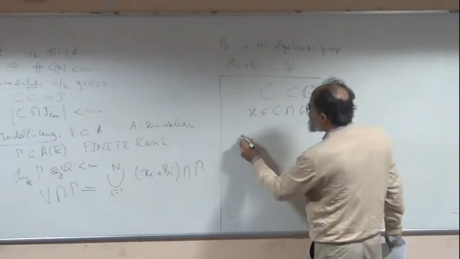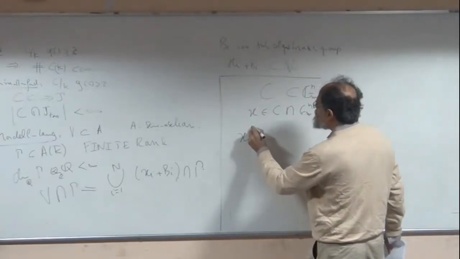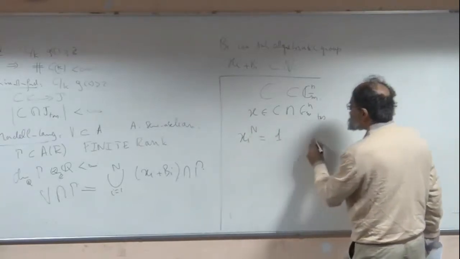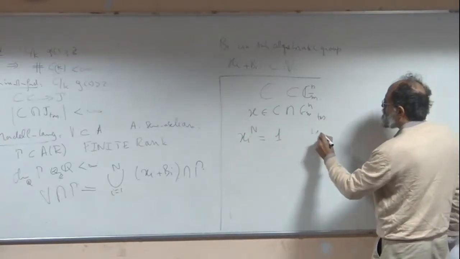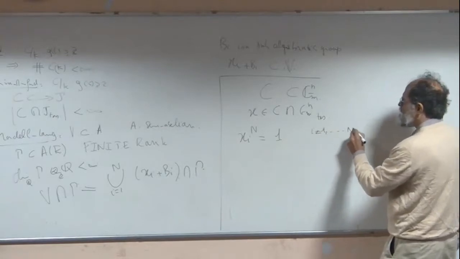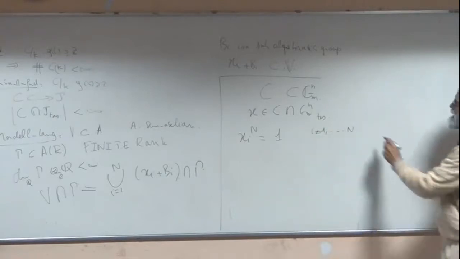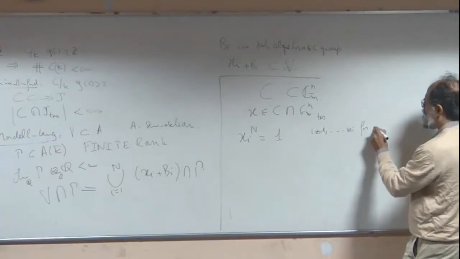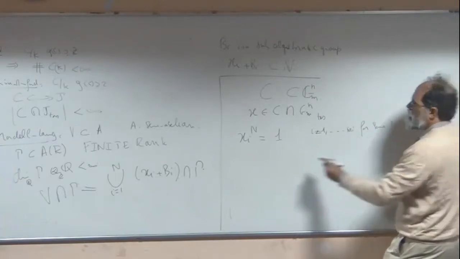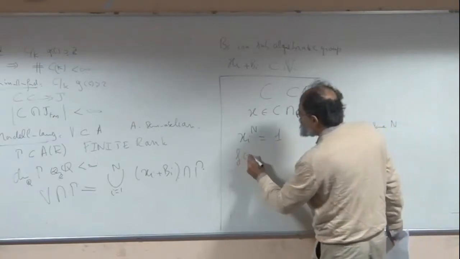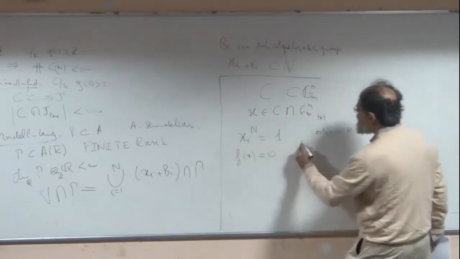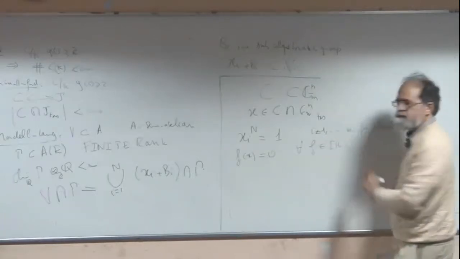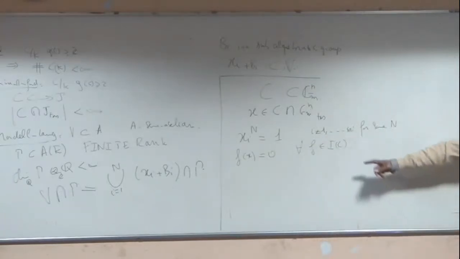First, you have each coordinate taken to some power n which is equal to 1. Then you have f of x which is equal to 0 for all f in the ideal of definition of C. Okay? So this is plenty of equations.